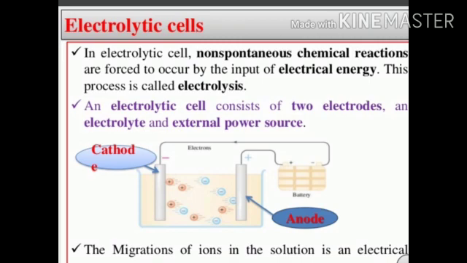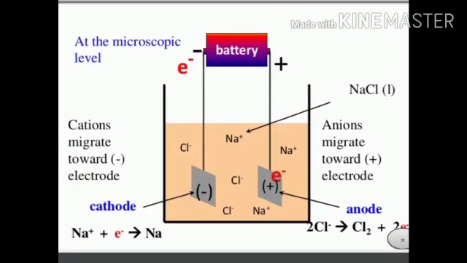The conversion of ions into neutral species at their respective electrode is called primary change, and the product formed as a result of primary change may be collected as such or it may undergo a secondary change to form the final product. Okay students? Now let us take an example to better understand this concept.